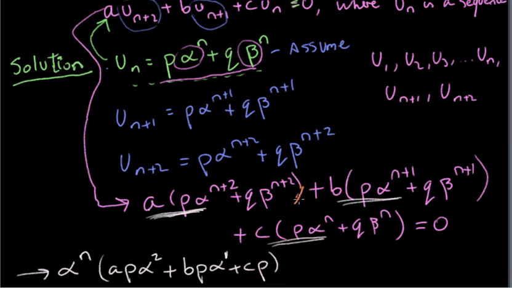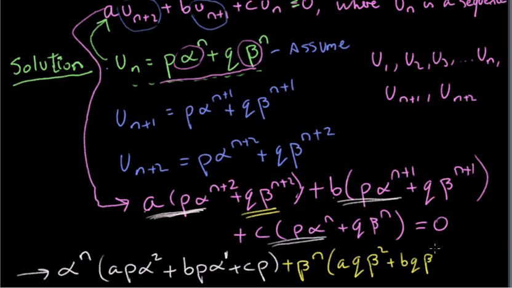Now we also factorize out beta to the power of n. This will follow a similar pattern. We have a times q times beta squared in order to get this term back. Don't forget the a times it. And then we have b times this term here, b times q times beta.